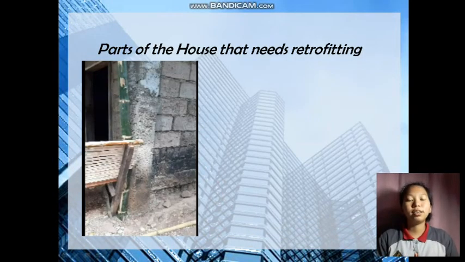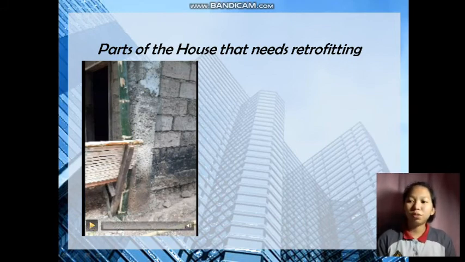So for the last part of this presentation ay ito naman yung parts ng bahay namin na kailangan ng retrofitting. So meron akong nilagay dyan na dalawang parts. First one is the column, and then the second one is our wall.